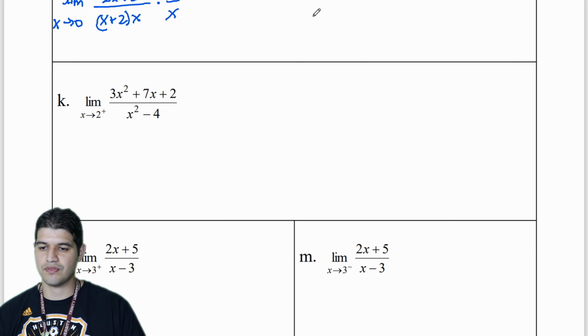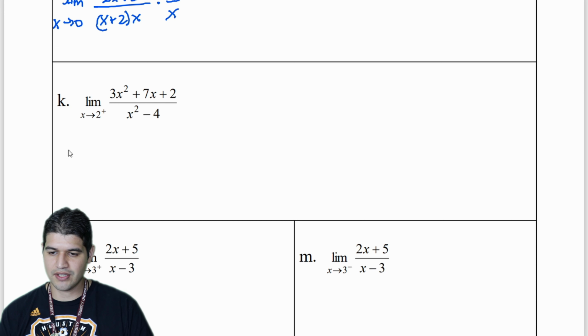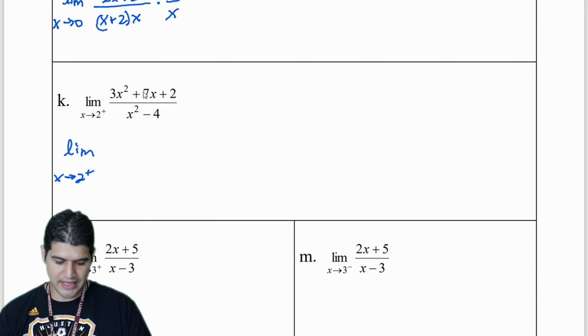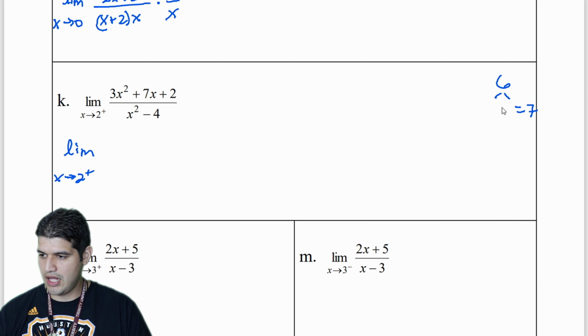So now we want to do this from the right side. Let's start by factoring. So the limit as x approaches 2 from the right side. And so I'm going to get 6 over here. I'm going to just write this out to the side. I'm looking for 2 numbers that multiply to be 6 and add to 7. That's going to be 6 and 1. And I divide both of those by 3.